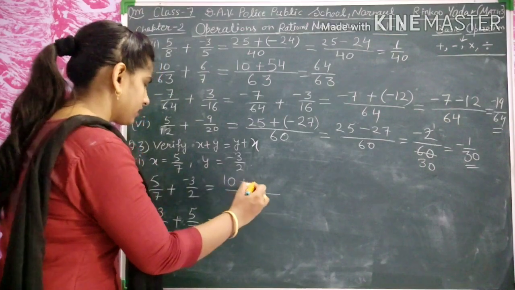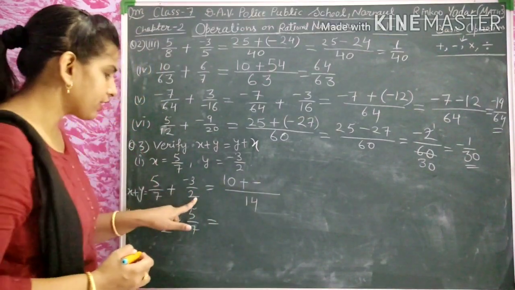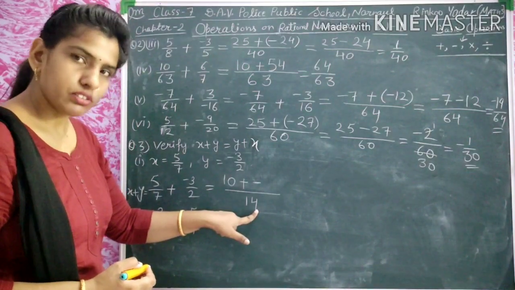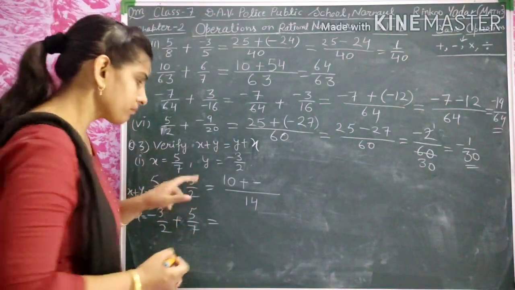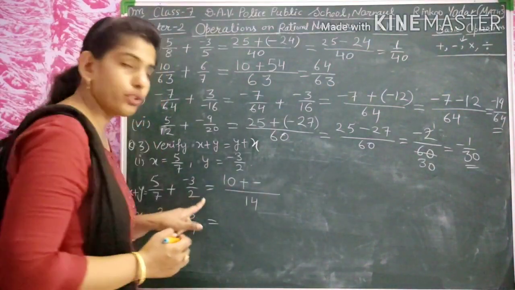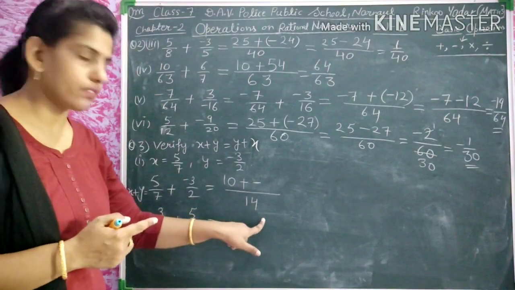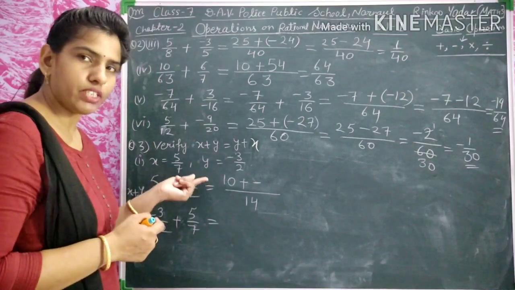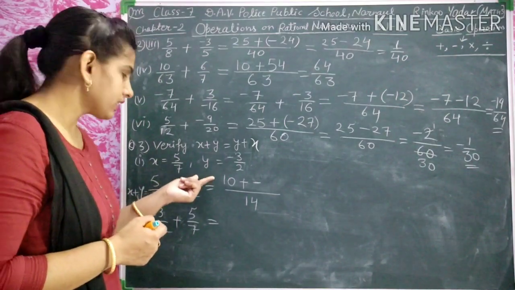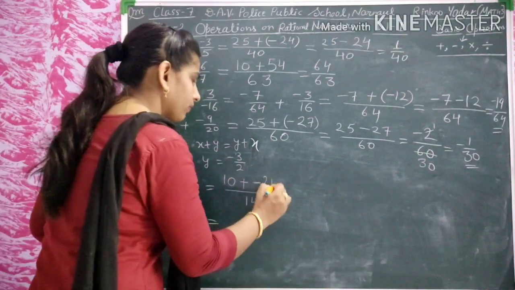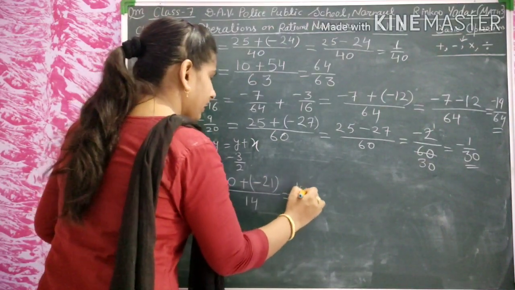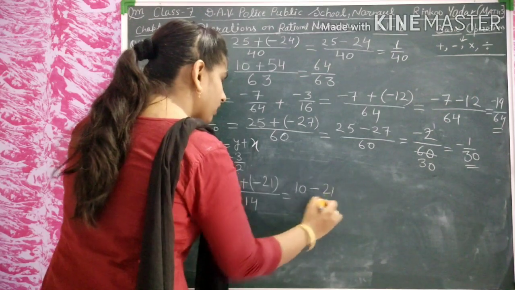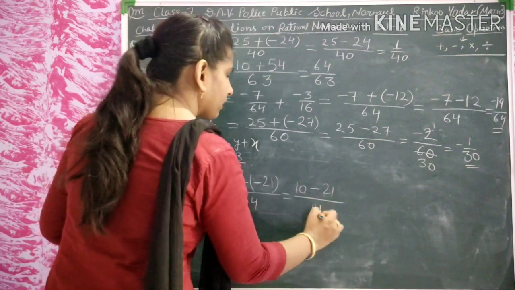And plus, there is the minus sign, and 2 is multiplied by which number? 2 times 7 is 14. The same 7 is multiplied in the numerator. 7 times 3 is 21. We will get 10 plus minus 21, divided by 14.